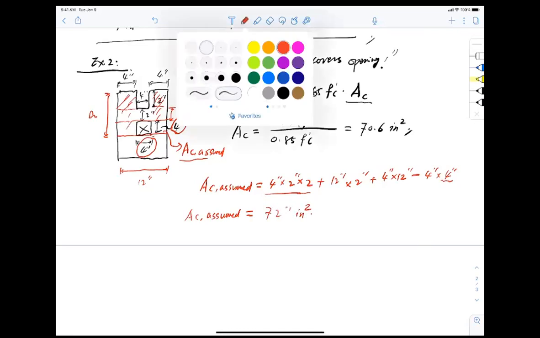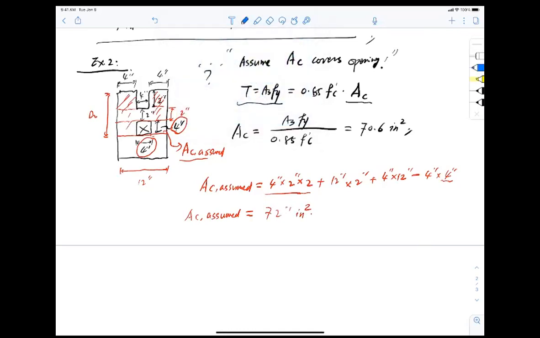Because if I use my blue color here, indicating the boundary of my compressive zone, Ac, this line has got to be somewhere here, isn't it? The most uncomfortable position ever. Barely covering the opening, but not quite. Now, can we use the previous nice method of block minus a block?